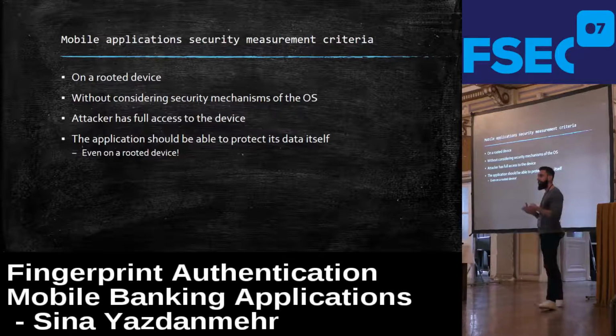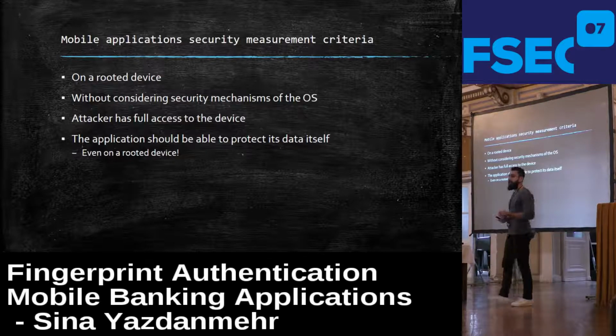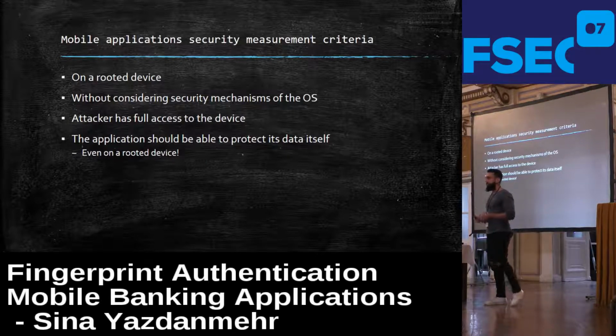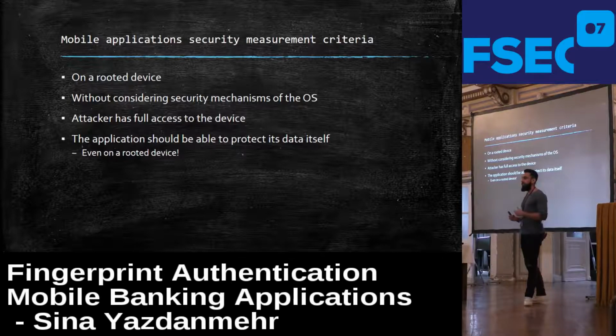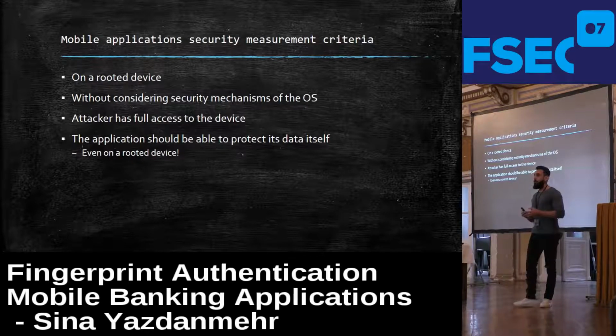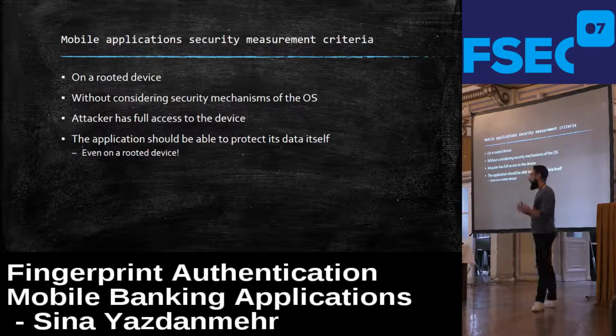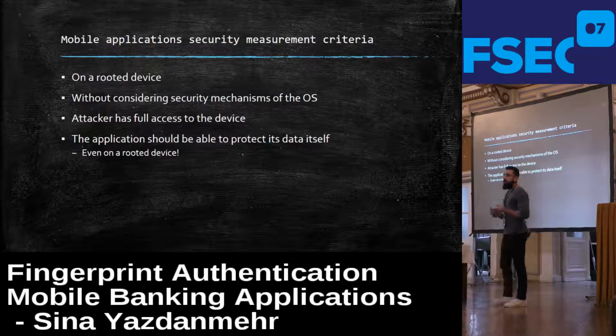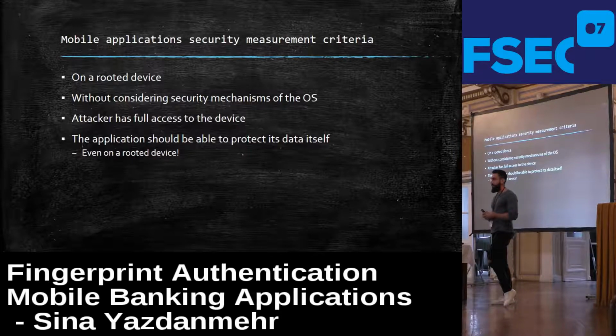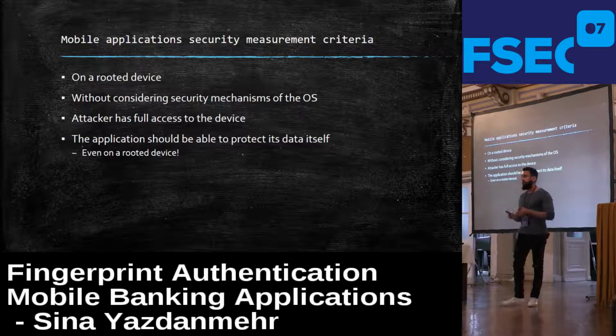Under those circumstances, a secure application must be able to keep its data confidential and secure. So, we assume that all security mechanisms of the operating system are already disabled, and the application is responsible for its security.